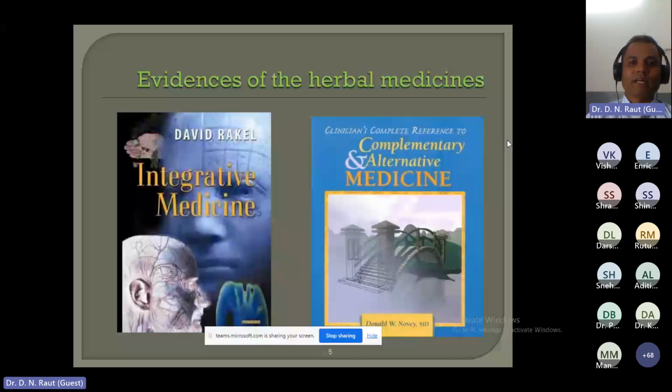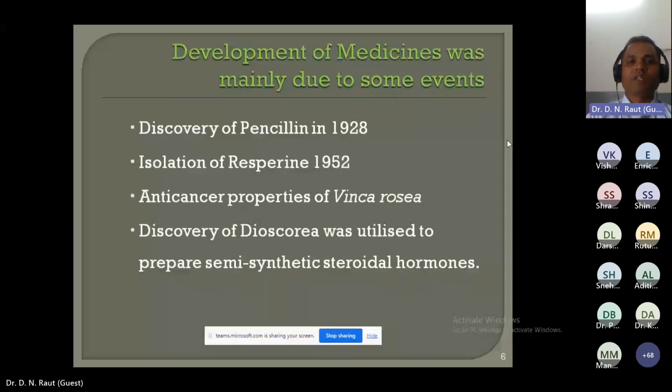The development of medicines was due to some evidence, that is, the discovery of penicillin, isolation of resistance, basically this from plants, anti-cancer properties of the vinca plant, and the discovery of dioscorides, used to prepare semi-synthetic steroidal hormones.